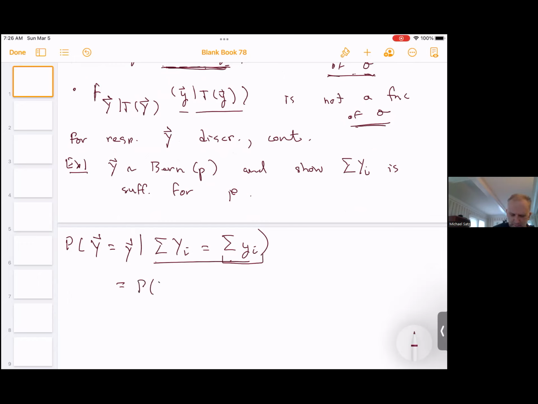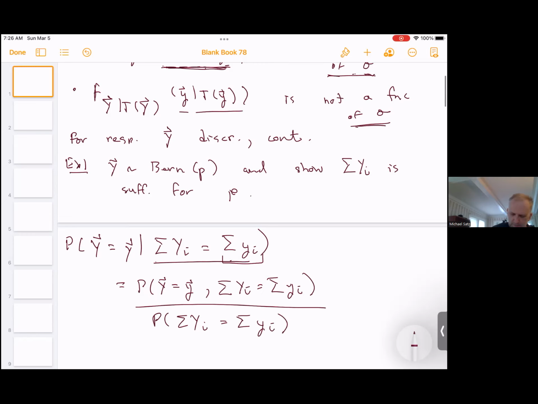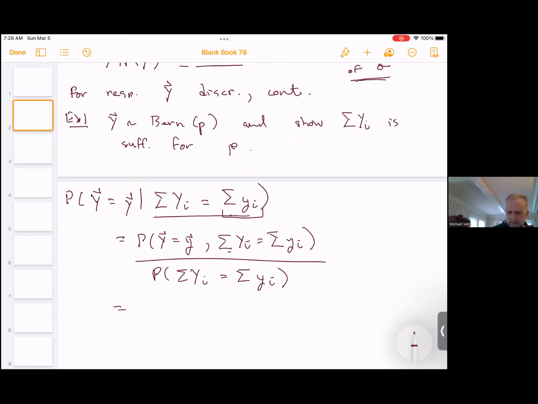This is just probability y equals little y and the sum divided by probability the sum is equal to this number, but the numerator I can take this condition out of the numerator because now it's the intersection of these two, and this is already included in this first part here, which is, now think about it, two vectors are equal, every element is equal. So I'm going to take this out and I'll rewrite the top.